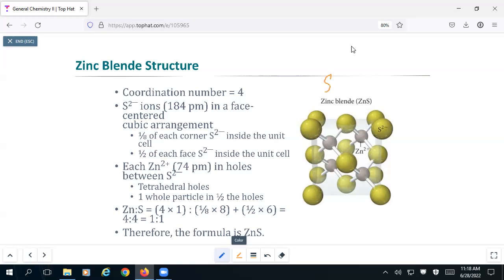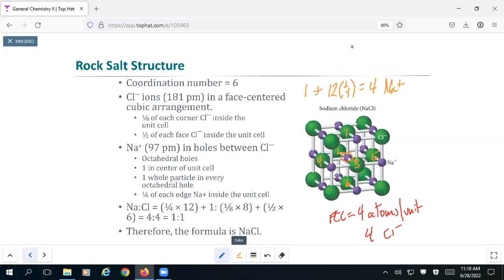And so for the sulfur as a face-centered cubic, we would see 4 sulfide ions in the structure. Now the zinc, because the zinc is at 74 picometers, isn't terribly large. In fact, we look at it compared to the sodium. It is smaller than the sodium.